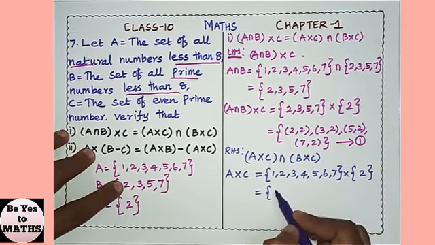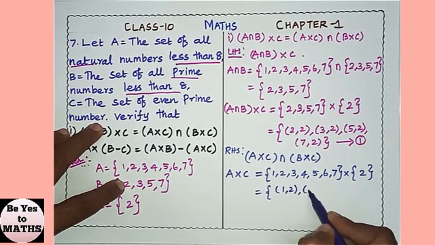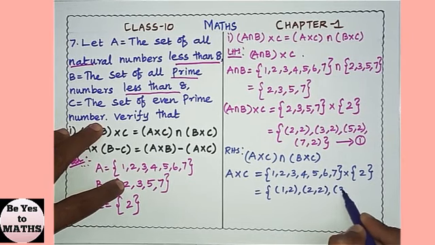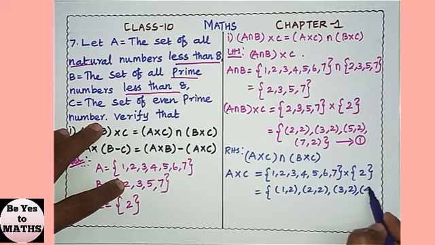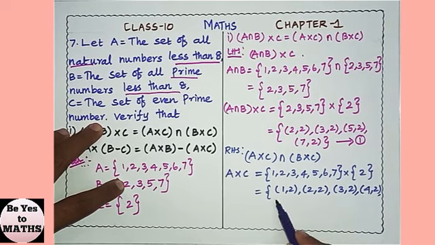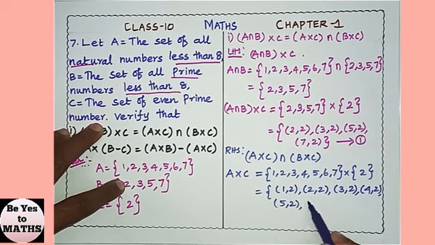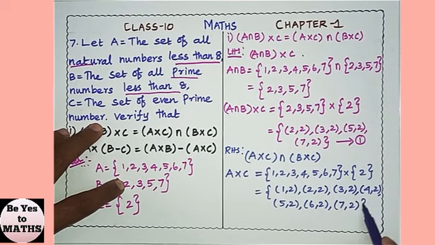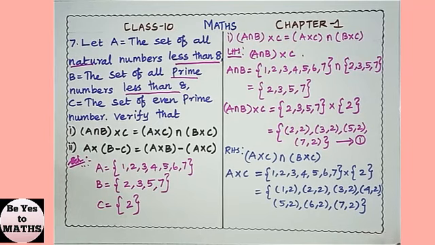So (1, 2), (2, 2), (3, 2), (4, 2), (5, 2), (6, 2) and (7, 2). This is A cross C.